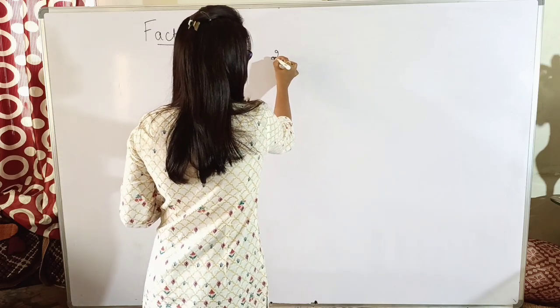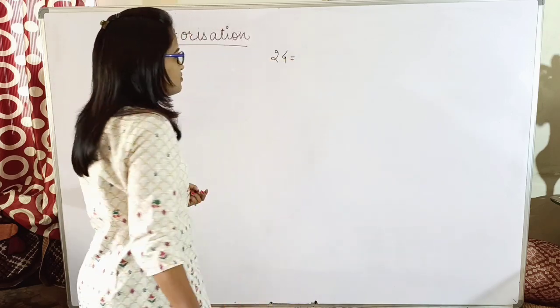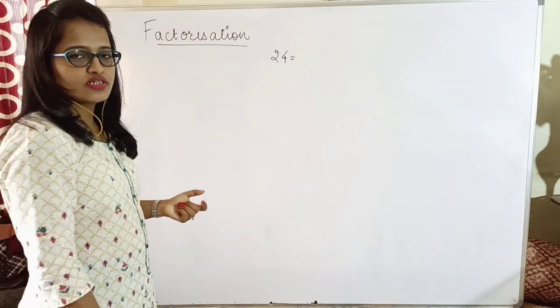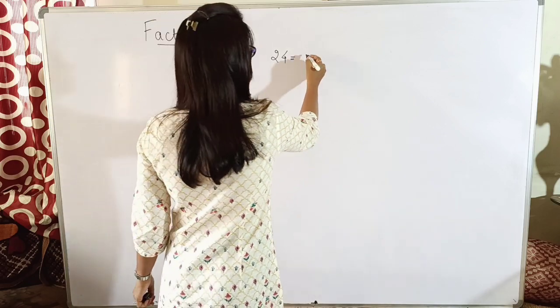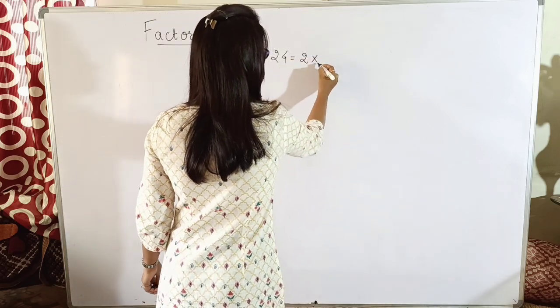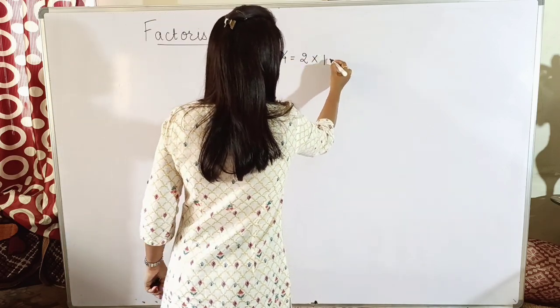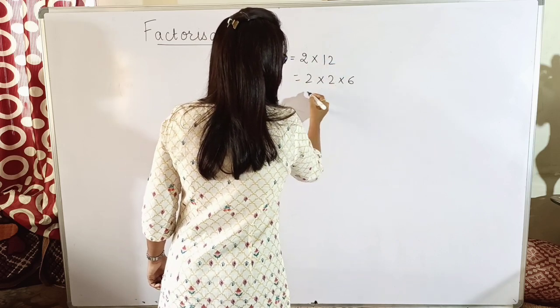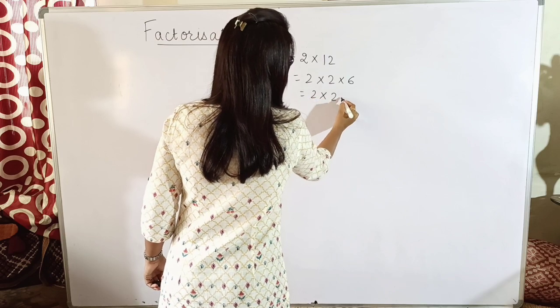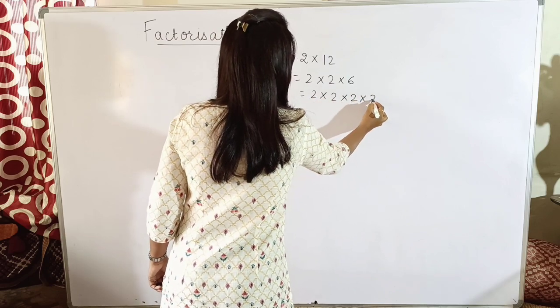Suppose I write the number 24. If 24 has to be written in terms of prime numbers, what could it be? It will be 2 into 12, further 2 into 2 into 6, again 2 into 2 into 2 into 3.